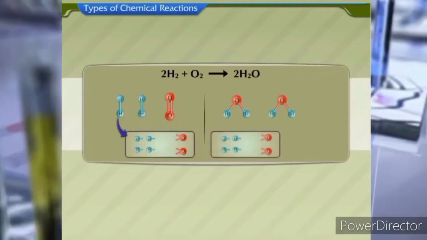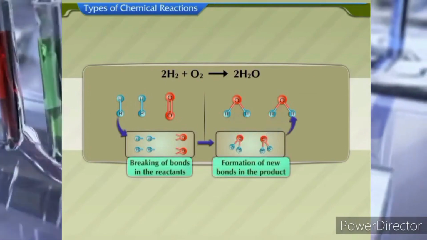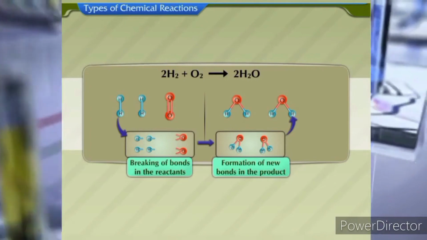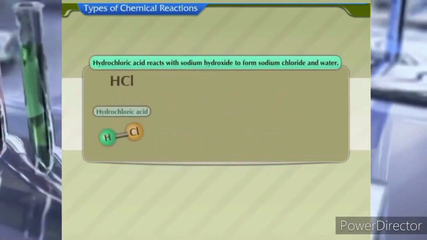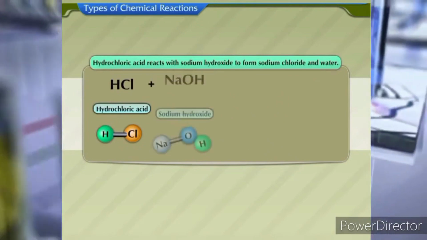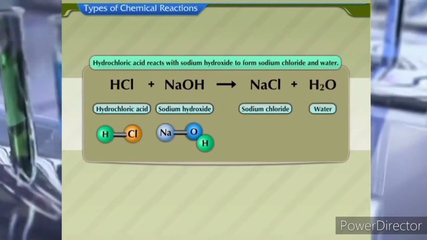Chemical reactions involve breaking and formation of bonds between atoms to form new substances. For example, hydrochloric acid reacts with sodium hydroxide to form sodium chloride and water.